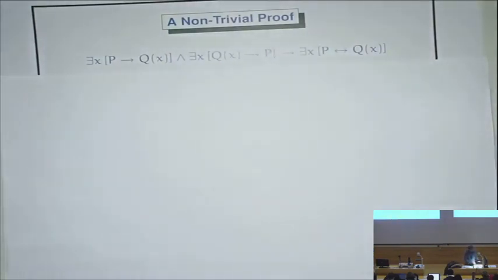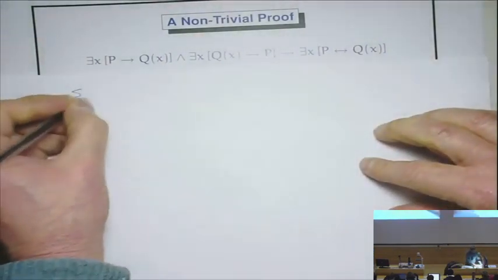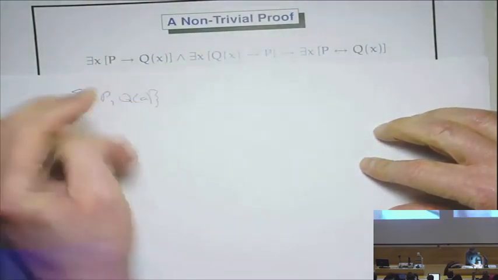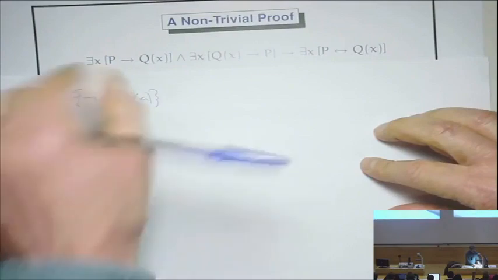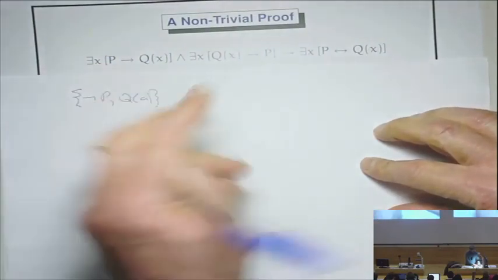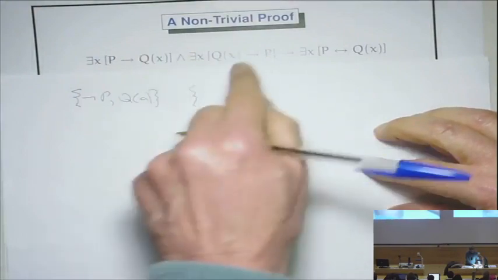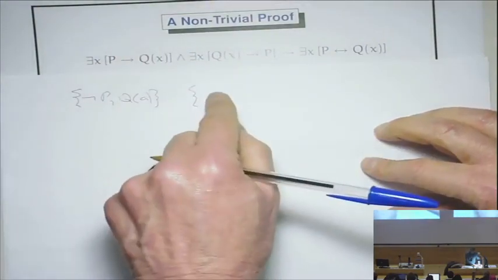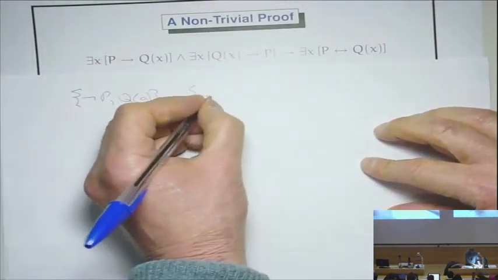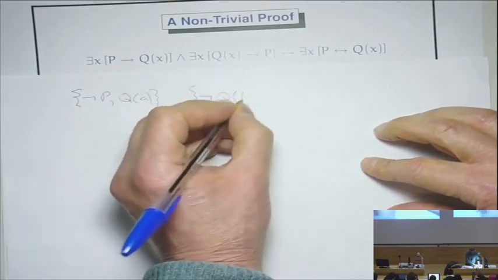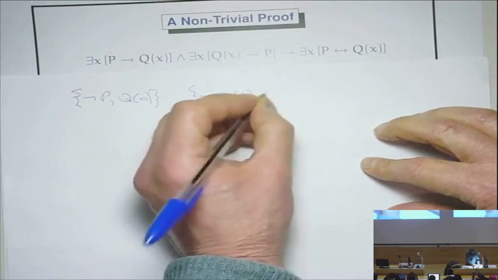This one looks like the clause not P, Q of A. There I have skolemized that. This one, again skolemizing, I have to use not A, but you have to choose something different. A big boo-boo if you don't. Not Q of B, comma, P.